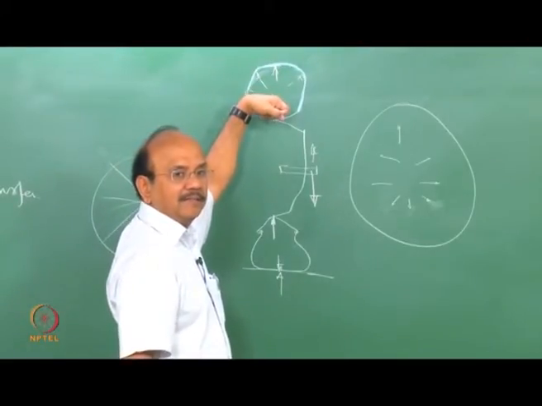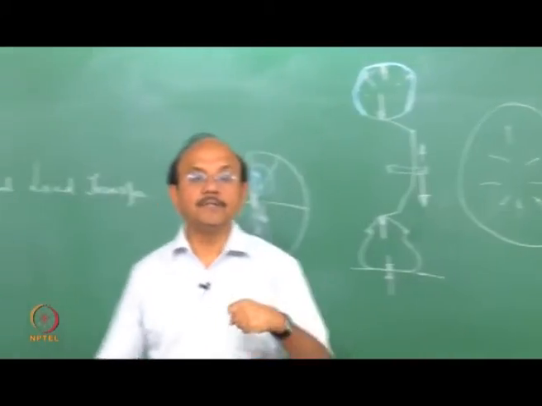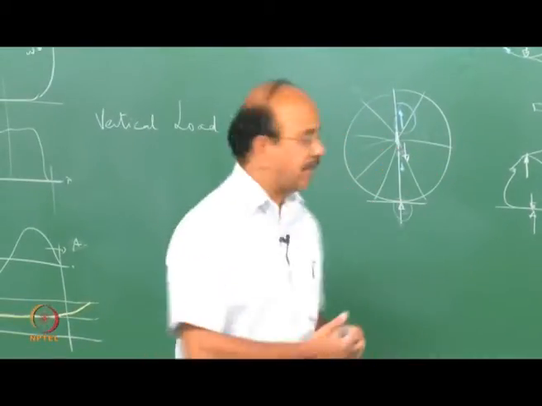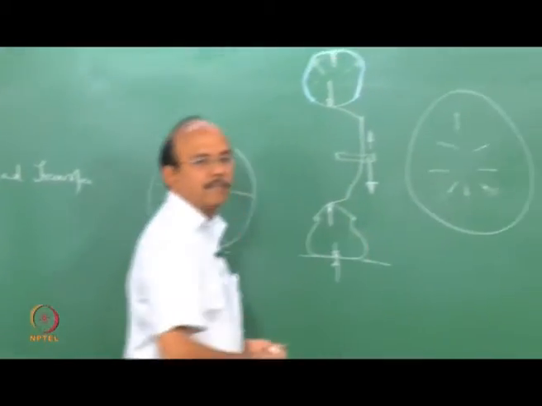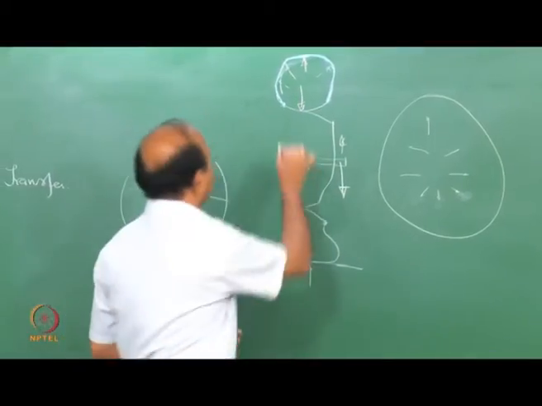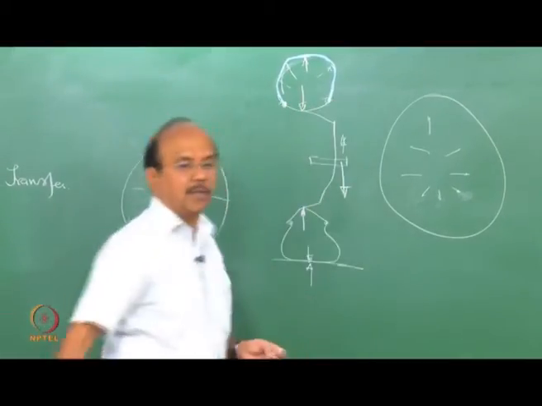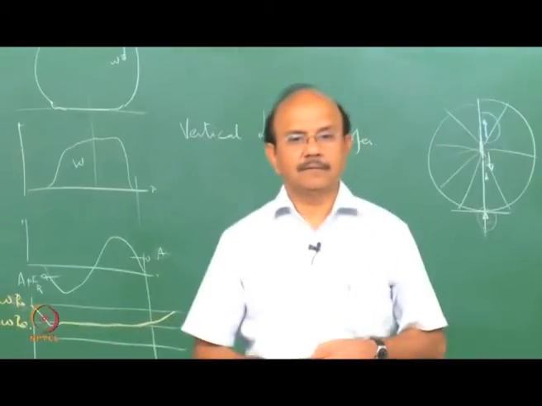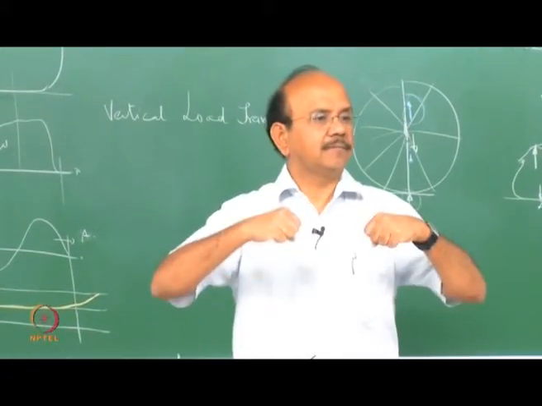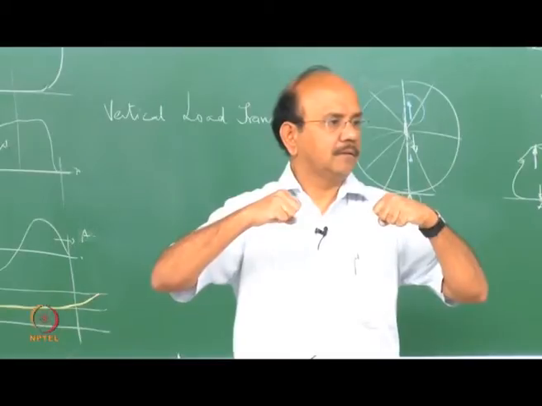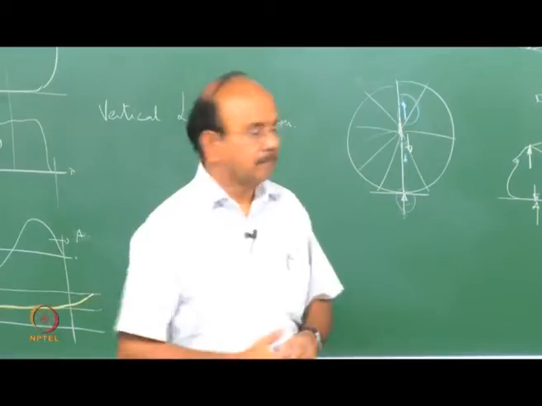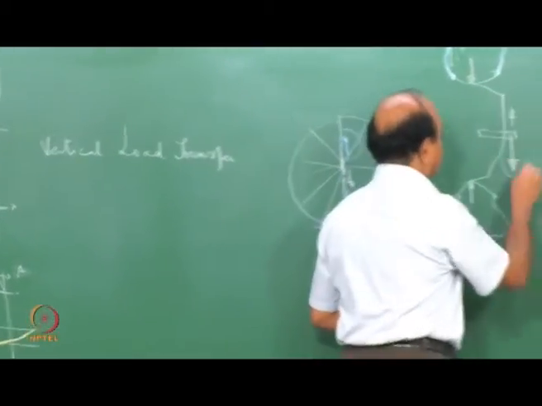actually hanged from the top. It is not that they are supported from the bottom. So the whole load actually goes through this side wall onto this most important component called the bead, which transmits it to the rim, and that gives the force for the rim to support the load.